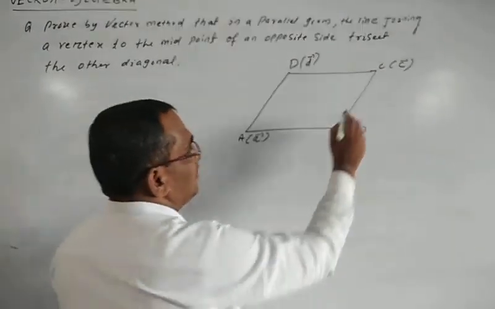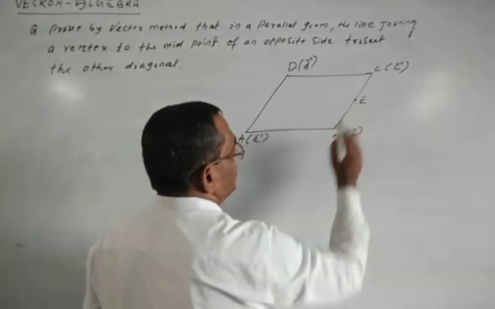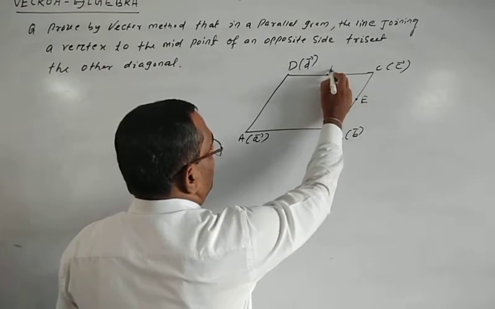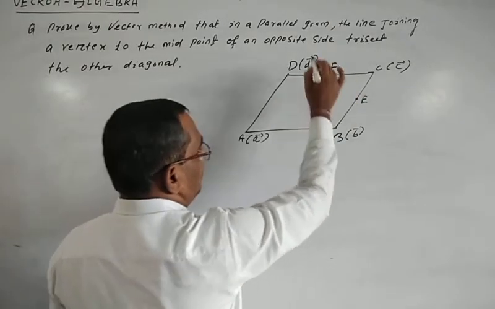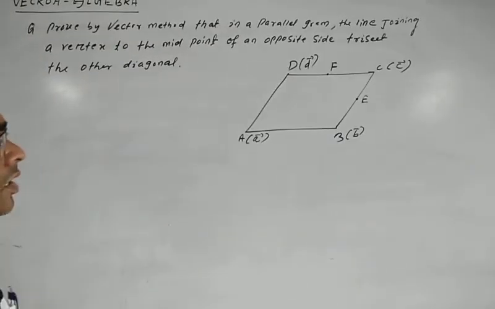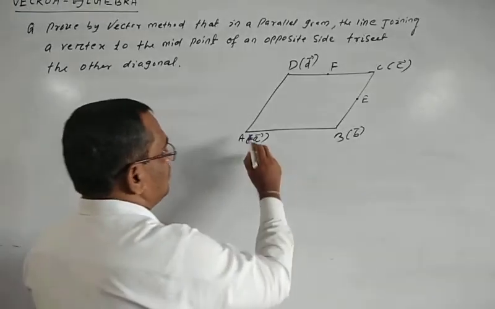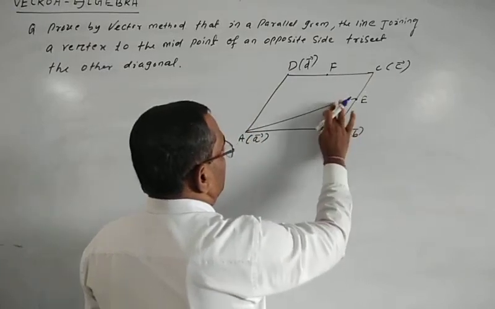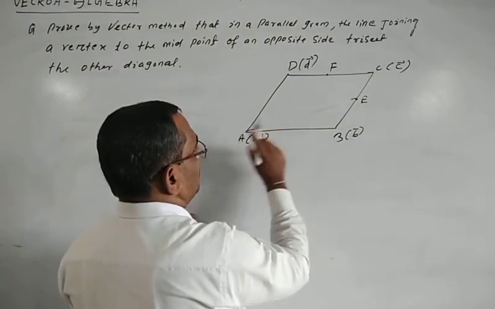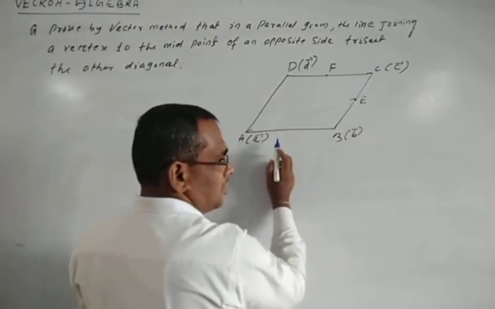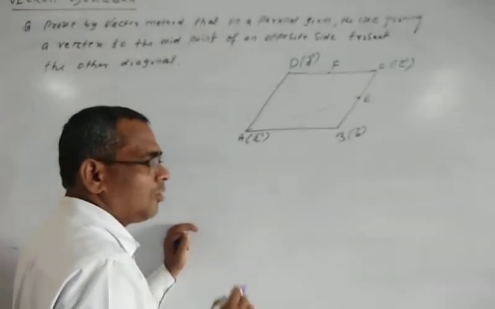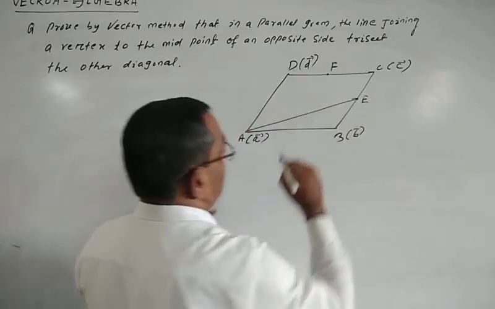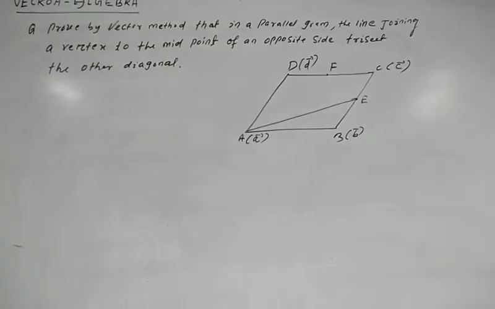Suppose E is the midpoint of side BC and F is the midpoint of side CD. Now we join AE, the line joining a vertex to the midpoint of its opposite side.